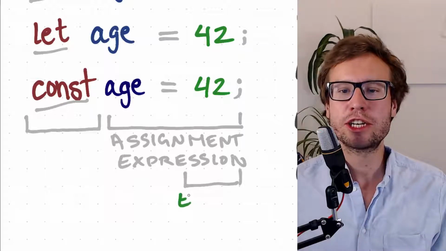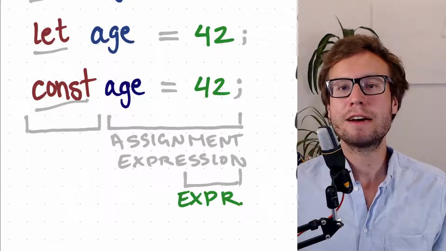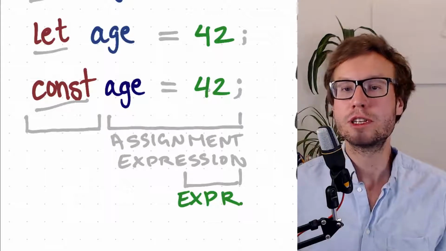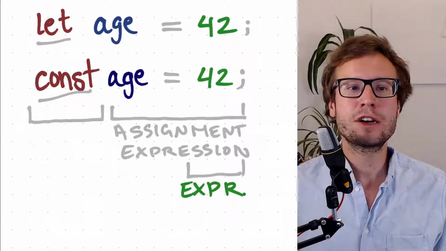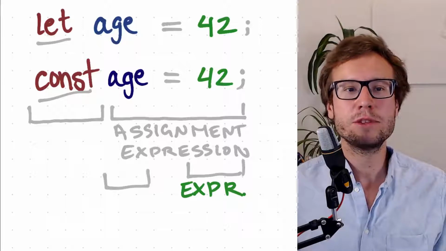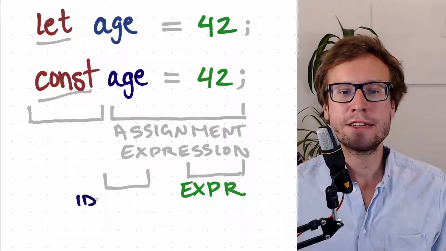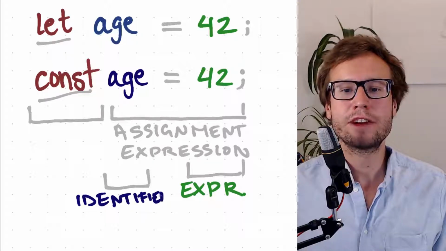This is a sub-expression, which could be anything. Right here we have a literal number, 42, but it could be any expression at all. And on the left here, we have the identifier that we're going to be using. It's an identifier, meaning that it's the name of a variable.